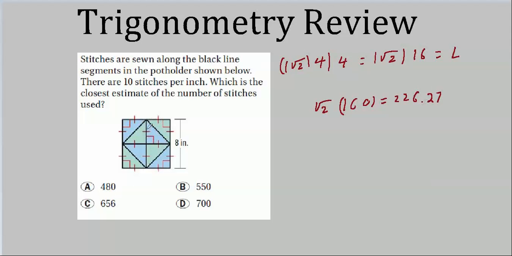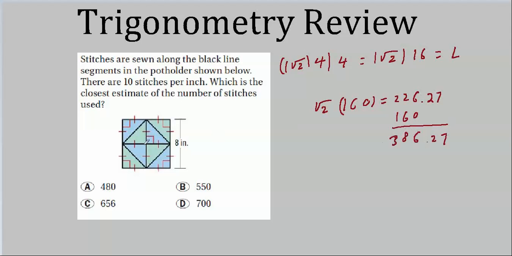Well, we know they're 4 inches each, and there are 4 of them. So that's another 16 total inches in length times 10, which is 160. So if we add that in, we get 386.27.